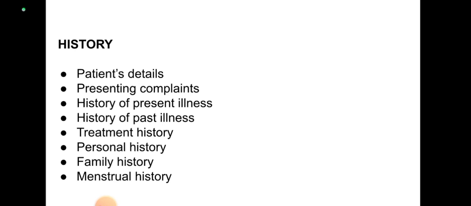Then we take the personal history of the patient, which includes dietary history, appetite, work pattern, bowel and bladder habits, and any addiction the patient has. Then we take family history.